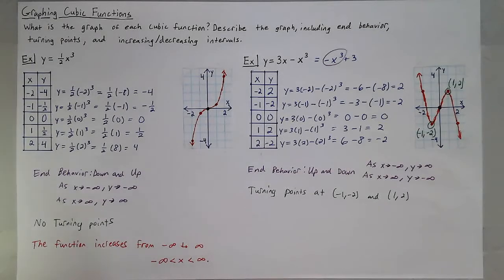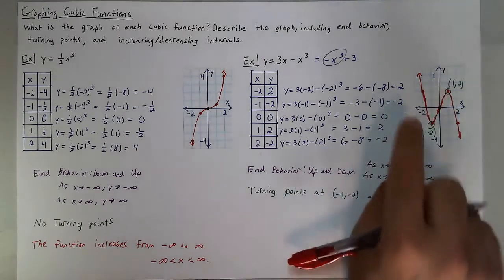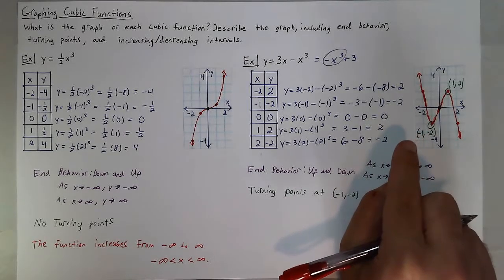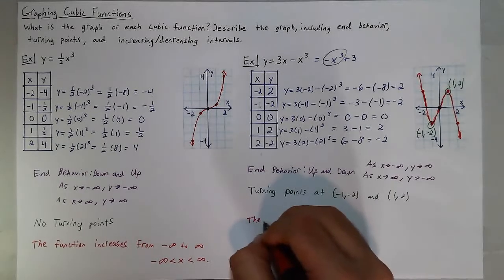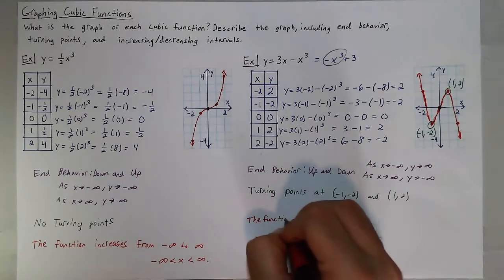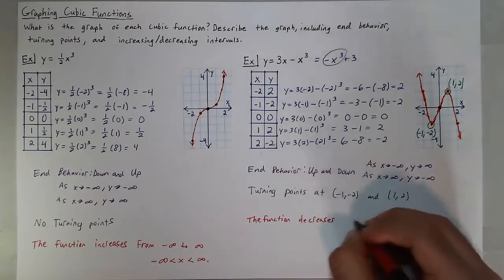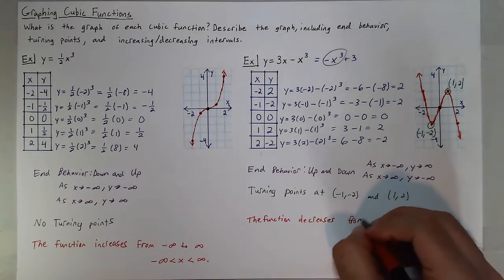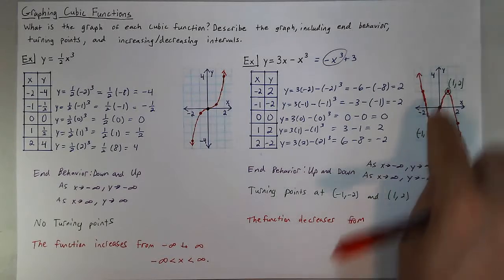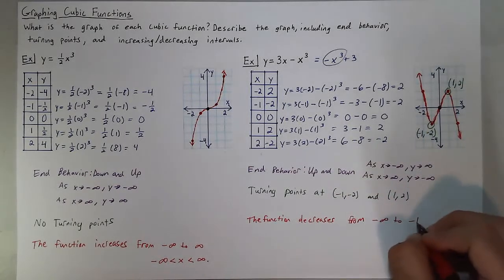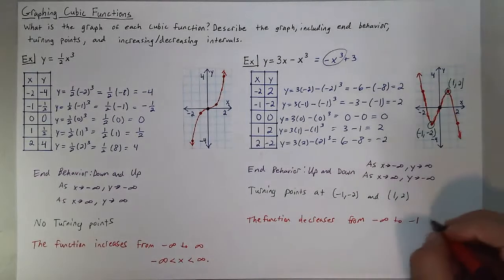And lastly, we'll talk about where it increases and where it decreases. So we can see here that the graph decreases from -infinity to x equals -1. And again, that would look like this as an inequality.